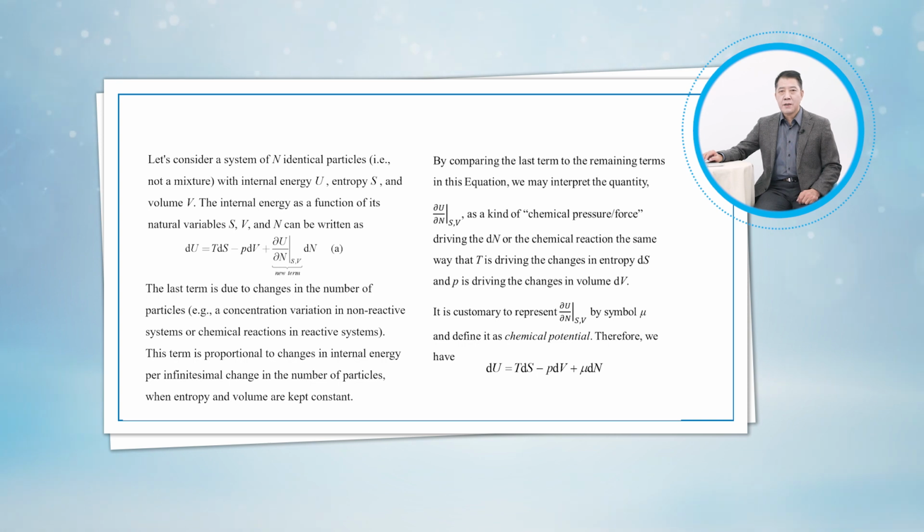It is customary to represent this quantity by the symbol μ and define it as chemical potential.